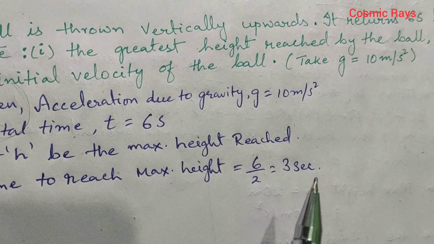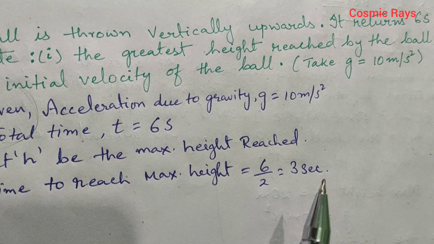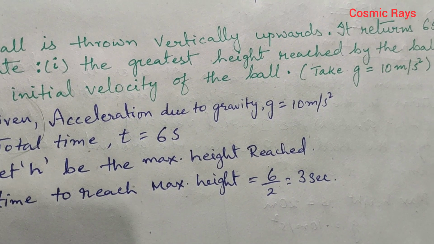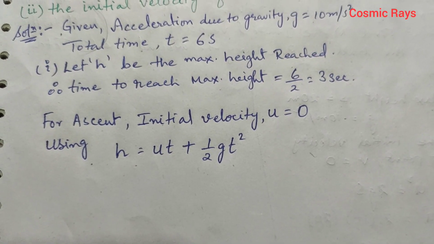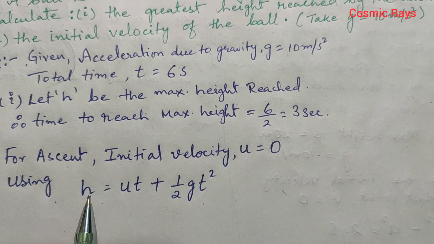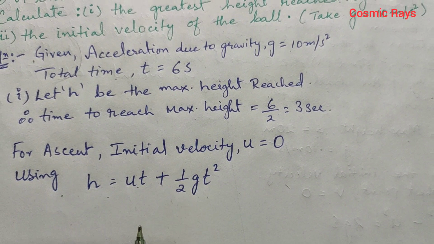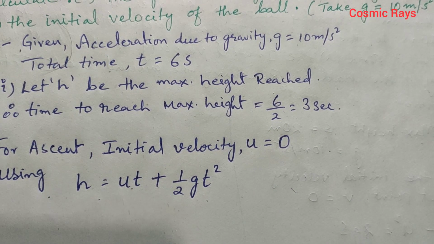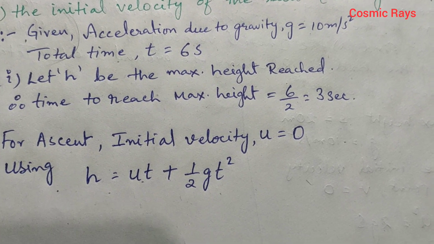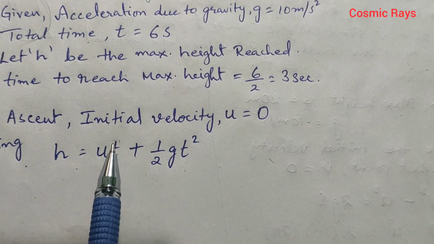Now the initial velocity when the body was thrown up is 0. So the initial velocity u is equal to 0. We will be using the equation h equal to ut plus half gt square, which is the modified form of the equation s equal to ut plus half at square. So we put the values, and since the initial velocity is 0, this whole term becomes 0.